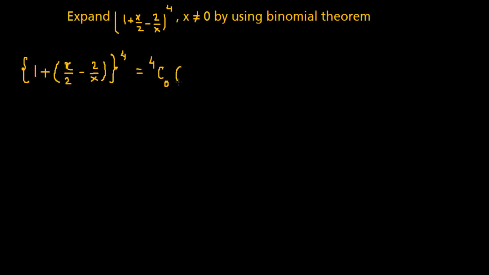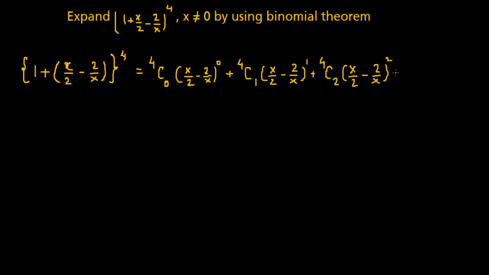So we only focus on the second term, which is x over 2 minus 2 over x raised to the power of 0, plus 4c1 x over 2 minus 2 over x whole raised to the power of 1, plus 4c2 x over 2 minus 2 over x squared, plus 4c3 x over 2 minus 2 over x raised to the power of 3, and the final term, 4c4 x over 2 minus 2 over x all raised to the power of 4.